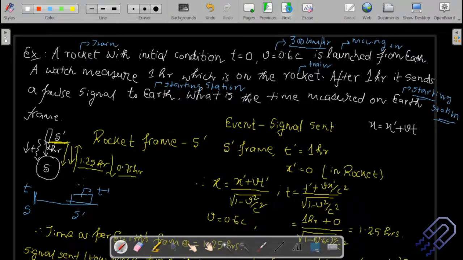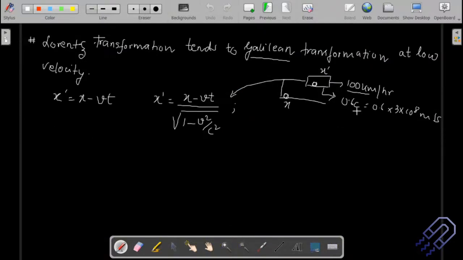Now the question is, what exactly do I mean by low velocity? This is not low velocity, this is very high velocity, because if you talk about the order, 0.6 into 3 you can take as 6 into 3, which is 18, and since we divided by 10, one order gets cancelled. This is 10 to the power 7 meter per second, so I can take it to be 1.8 into 10 to the power 8 meter per second.